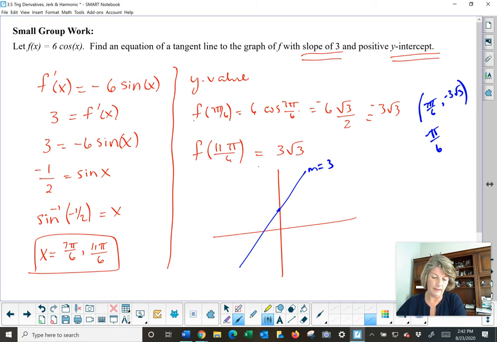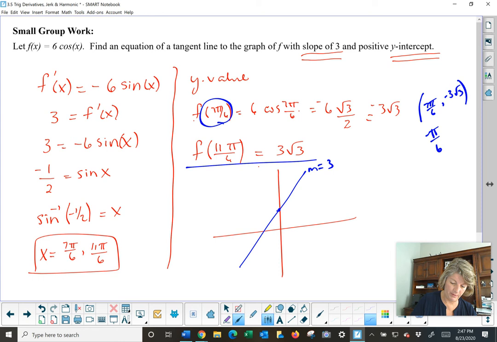Would it be, this is 7 pi over 6. I'm going to do some work on that one. Hang on a moment, because this one's got me baffled a bit. Okay, I am going to go with the 11 pi over 6 because 11 pi over 6 is negative pi over 6.